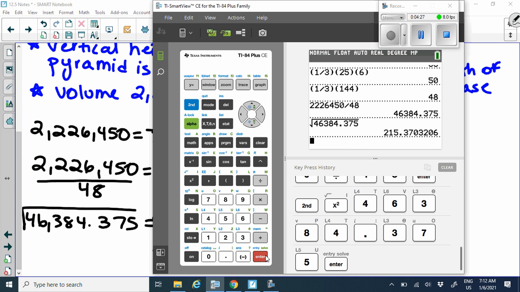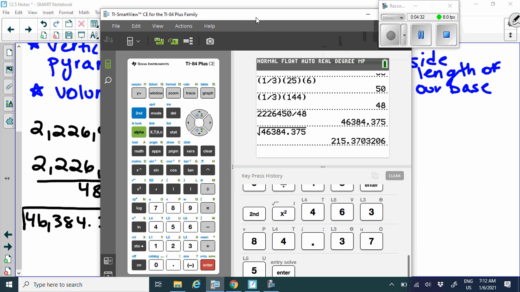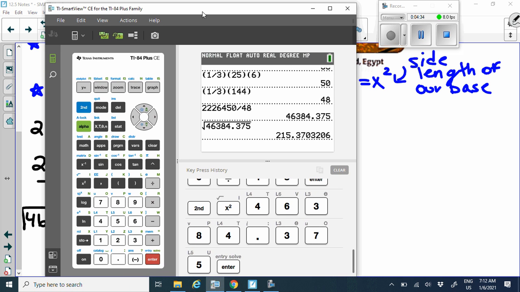I get about 215.37, rounded to 2 decimal places. I think that's fine. As usual, in your homework assignment, make sure you read the instructions to know where to round to. It might just tell us to round to a whole number. If not, then round to a decimal place.